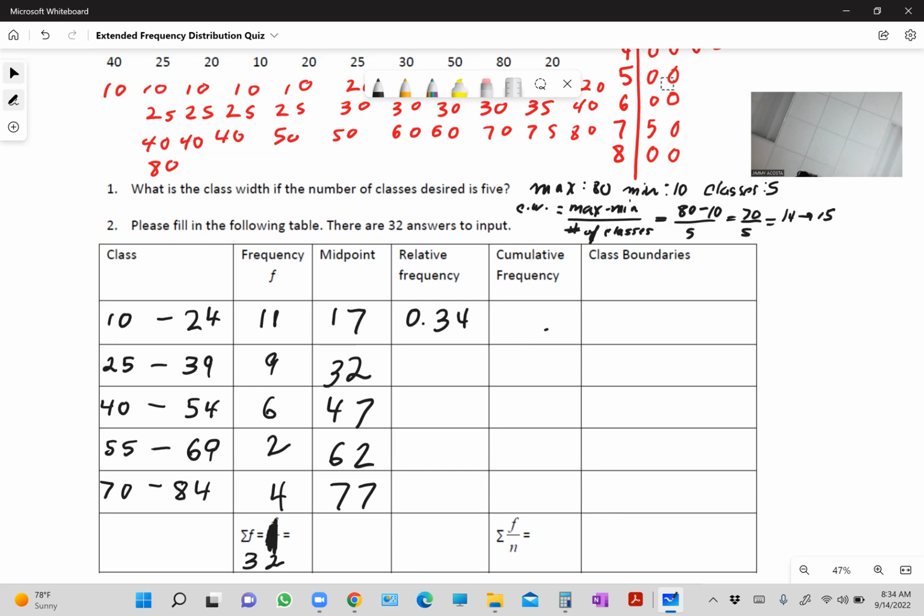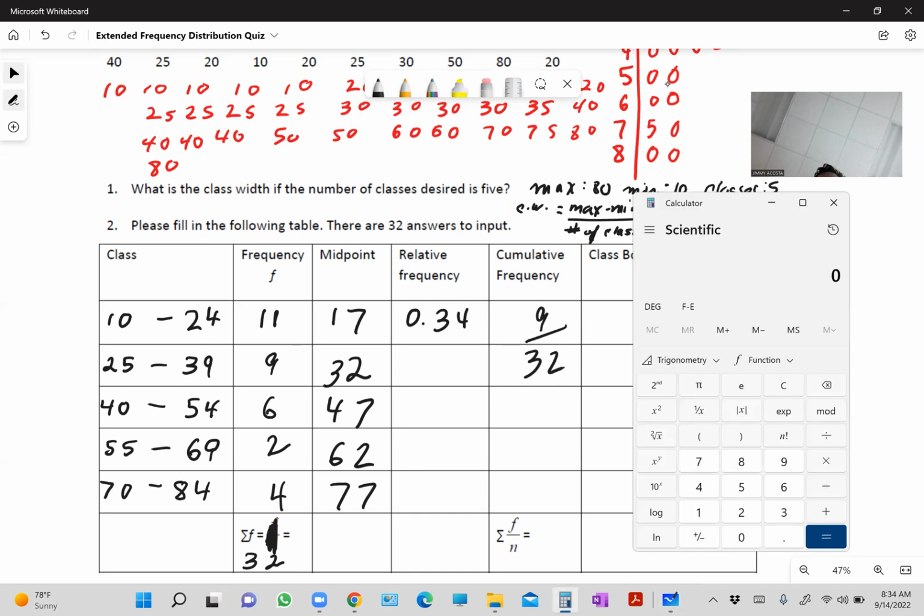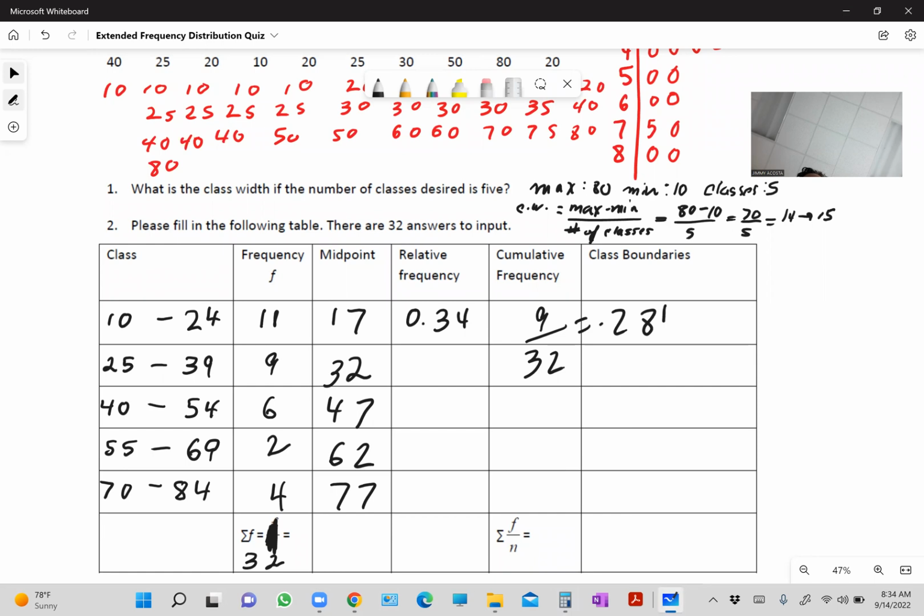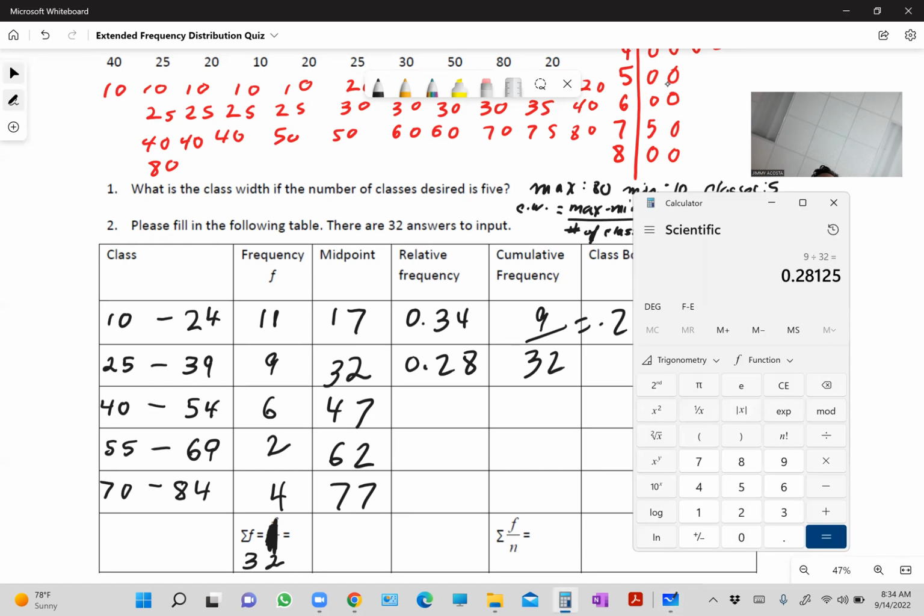And now the next one's going to be 9 divided by 32. So 9 divided by 32 comes out to 0.28125. So we're going to go 0.28. And then we just continue, 6 divided by 32, 0.1875.